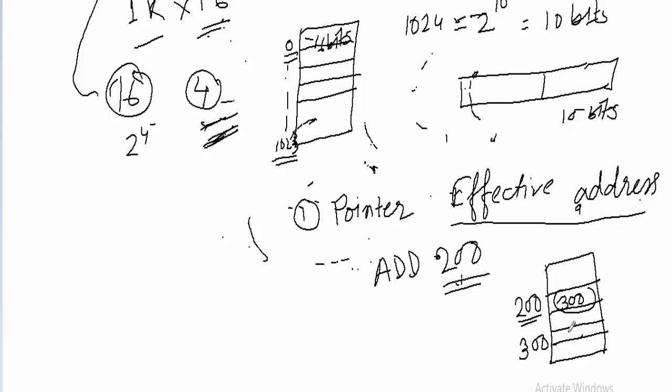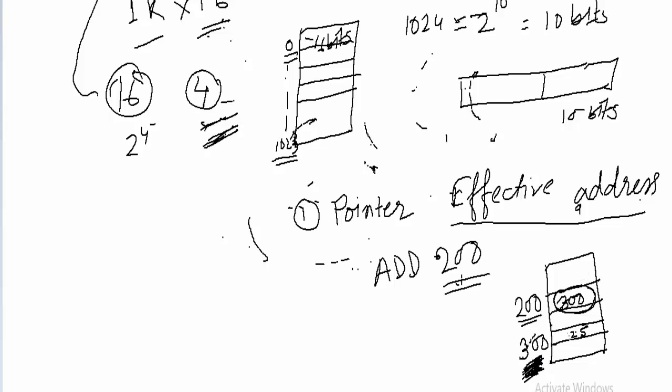Let's say the operand is 12.5. So this is the actual operand. The address where the actual operand is present is called the effective address. So here 300 is the effective address, not 200, because at 200 we have an address, and in that address we got the effective address.